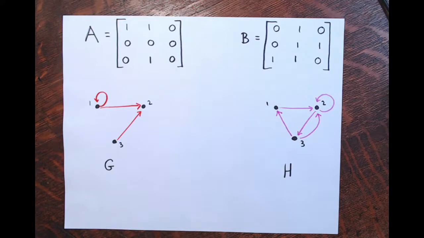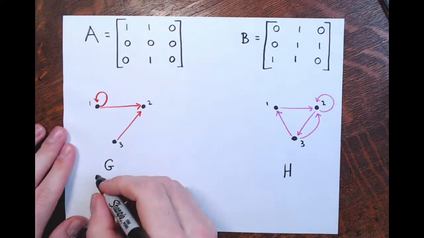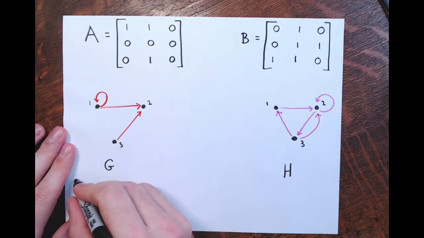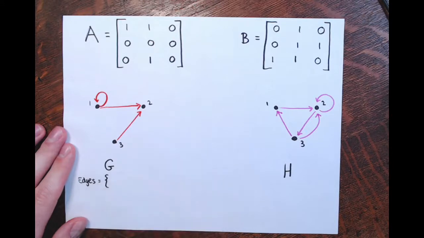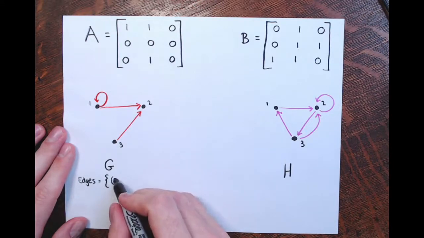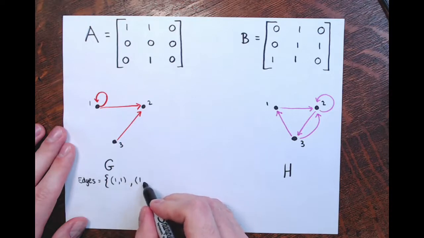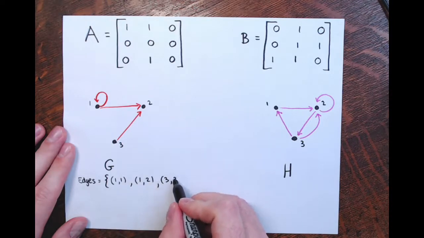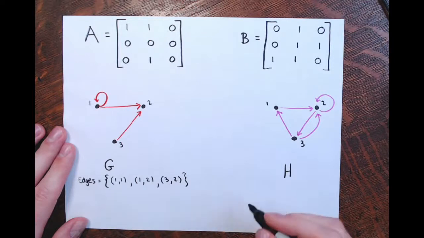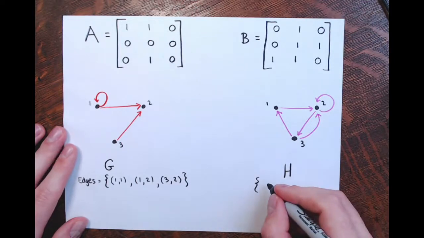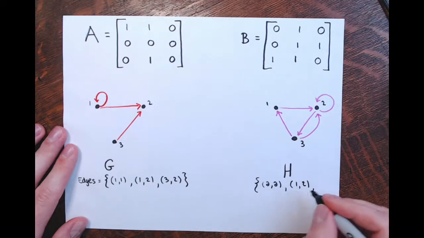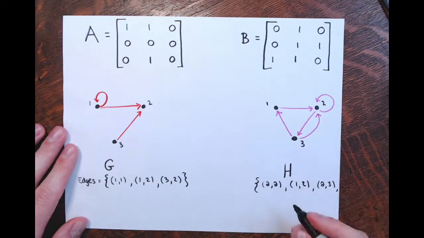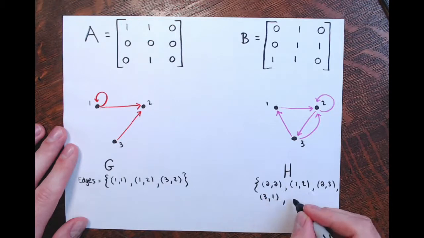Now if you want, I could also do this: say the edge set, the edges of G make a little set, the relation. You got 1 to 1, 1 to 2, 3 to 2. And then the edges of H are 2 to 2, 1 to 2, 2 to 3, 3 to 1, and 3 to 2.